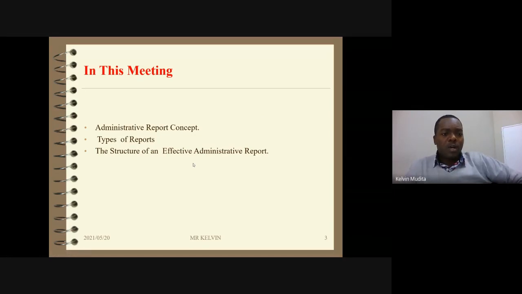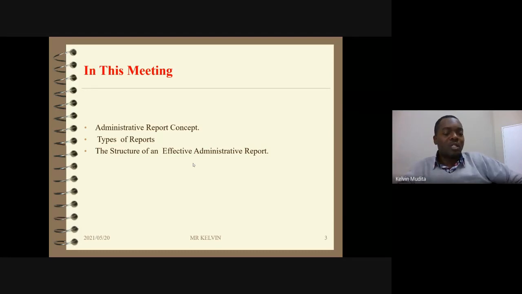in a few minutes to come, such that by the end of this session, you simply have an idea of what reporting entails, and also going forward now, the topics that we are going to be dealing with will require you to write reports with different aspects.